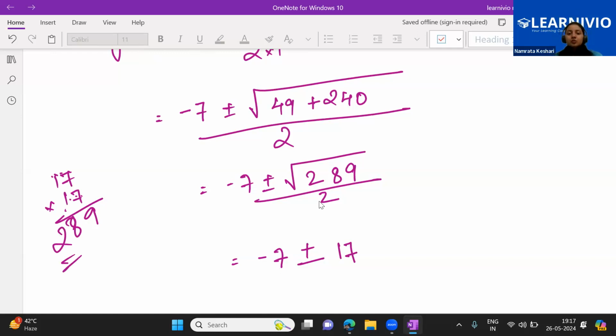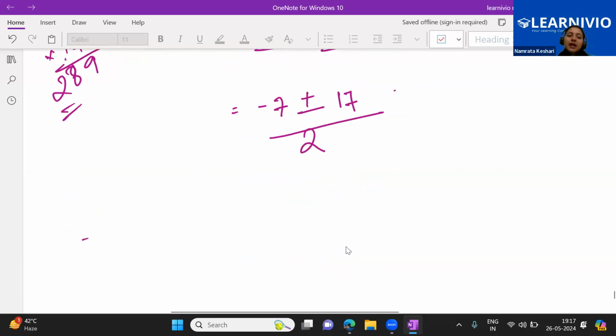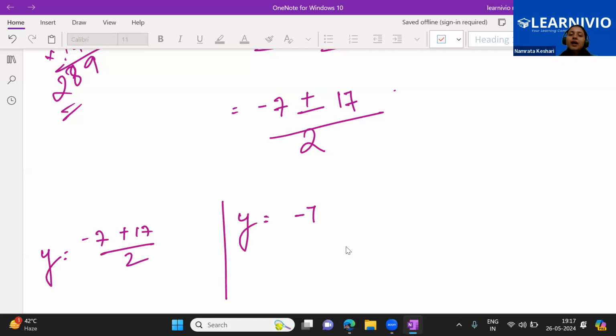By 2. That means we will be taking both the possibilities: minus 7 plus 17 by 2, this is one of the possible values of y, and the other possible value of y is minus 7 minus 17 by 2.